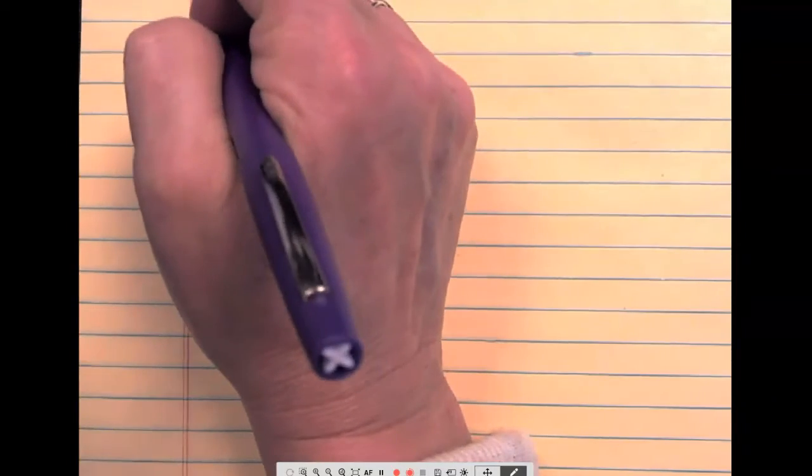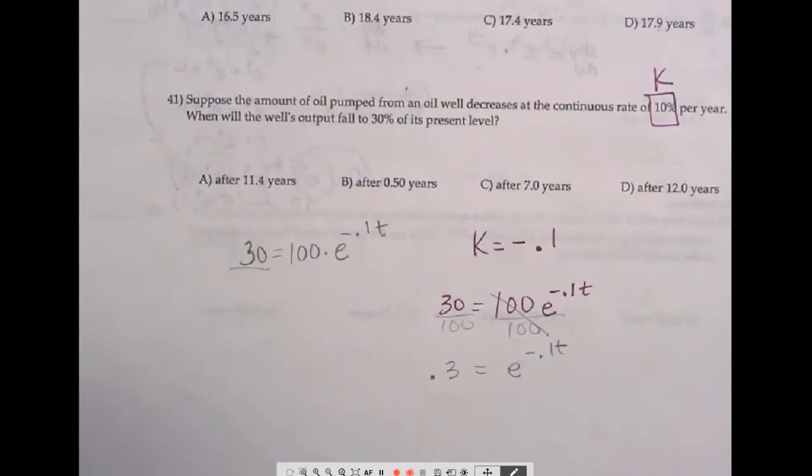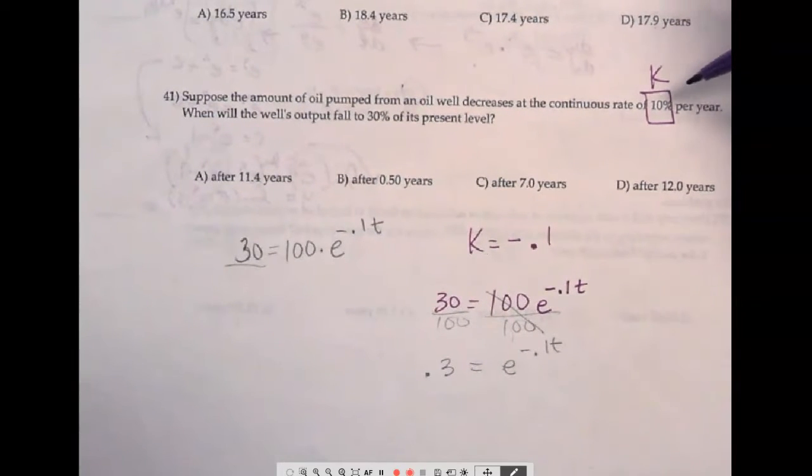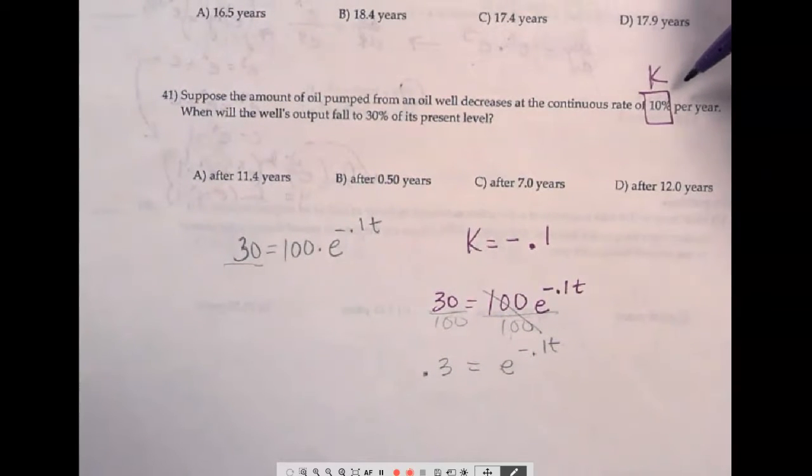Okay, let's go to 41 next. The oil. Suppose the amount of oil pumped from an oil well decreases at a continuous rate of 0.10%. So that's the K value that you're given. Now, it is decreasing, so we need to make it negative. When will the output fall to 30% of its present level?